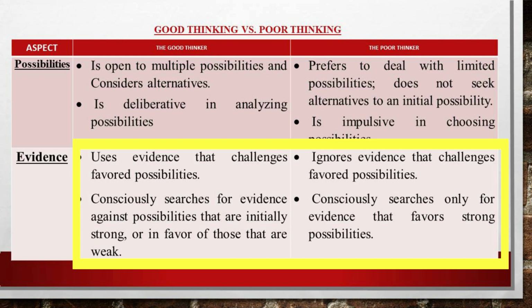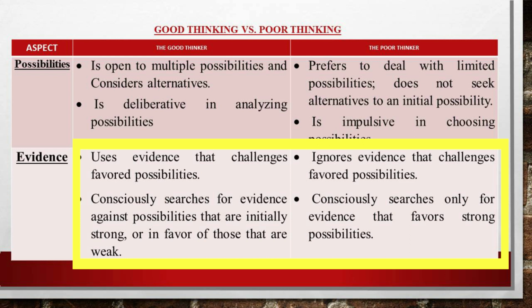When we differentiate between good and poor thinkers in evidence, we find that a good thinker uses evidence that challenges favorite possibilities and also searches for evidence against possibilities that are strong or in favor of those that are weak.